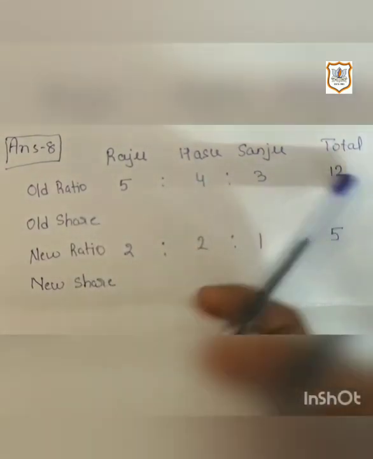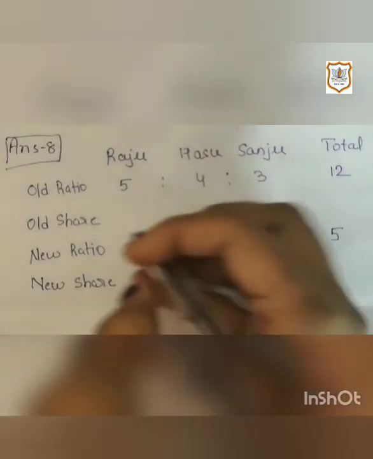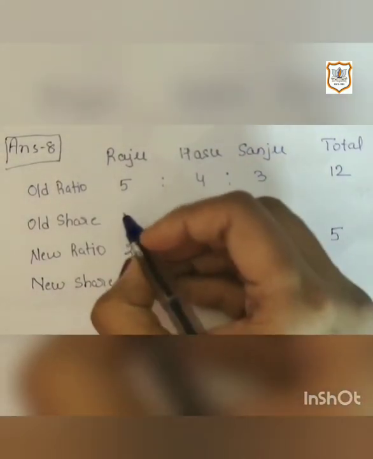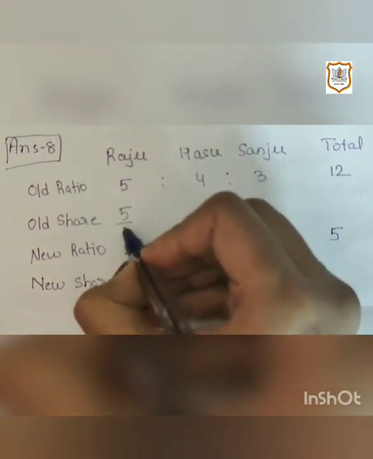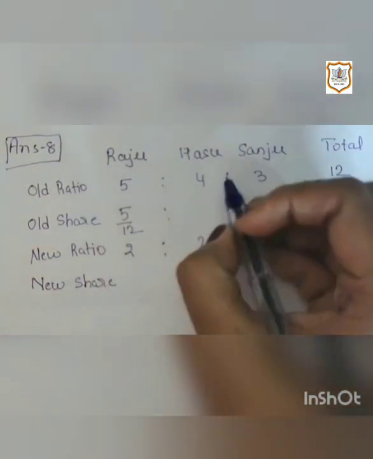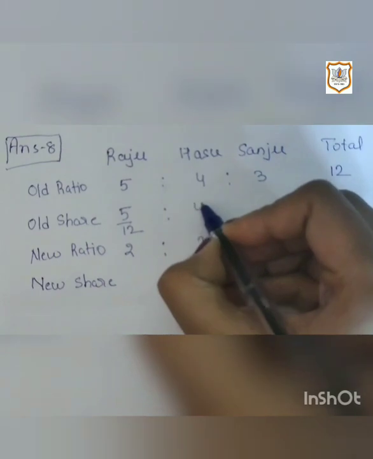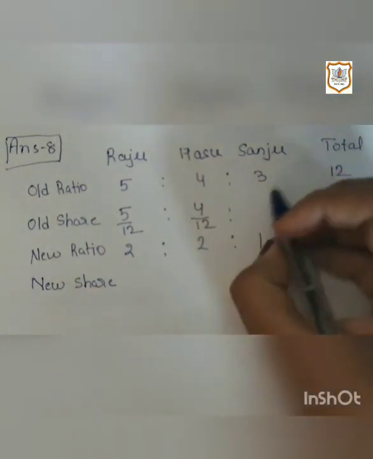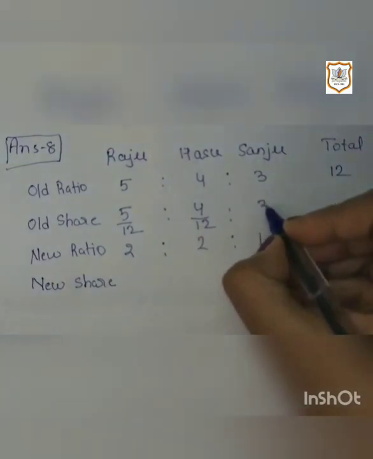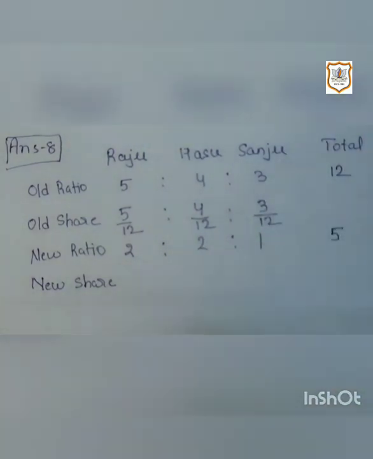5:4:3. Total is 12. So we can say that Raju's share was 5 by 12. Hasu's share was 4 by 12. And Sanju's share was 3 by 12.